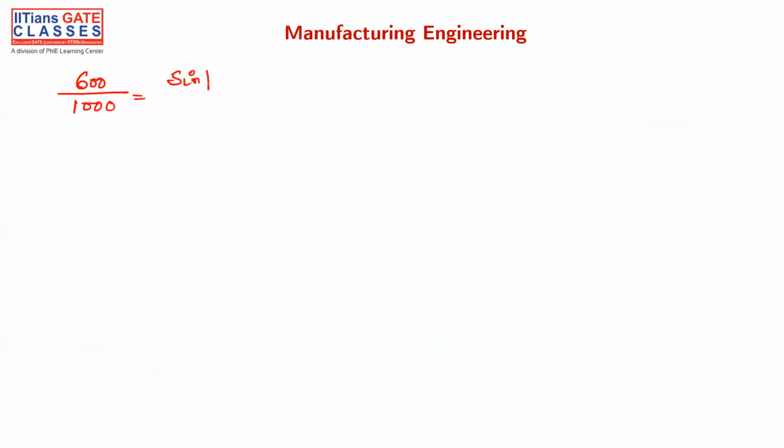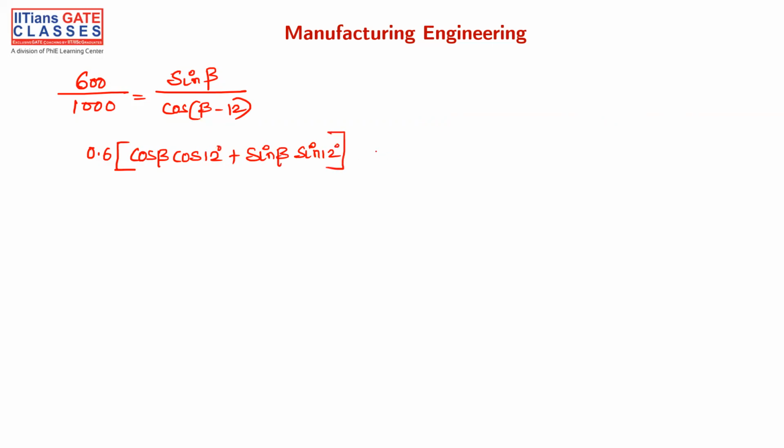Sine beta by cos beta minus 12. Okay, so how much is this? This is 0.6 into, let's expand cos beta minus 12. Cos A minus B is cos A cos B plus sin A sin B, right? So cos beta cos 12 plus sin beta sin 12. This is equal to sin beta.